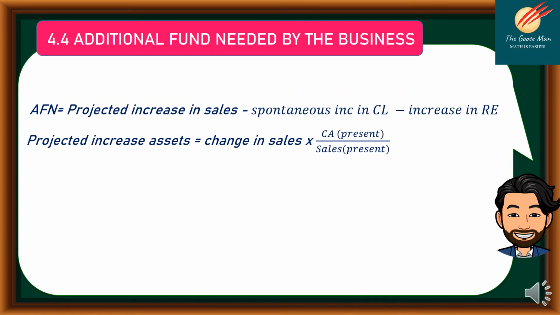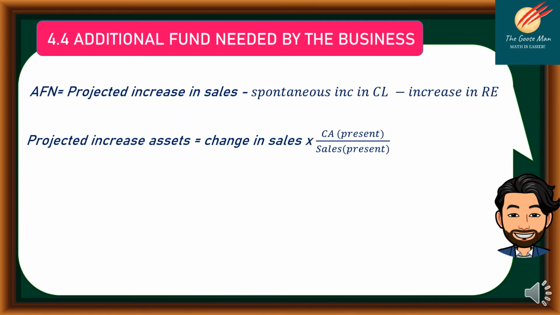Other terms that we will use here are AFN, or additional funds needed, which is the projected increase in assets minus spontaneous increase in current liabilities minus increase in retained earnings. The projected increase in assets is equal to change in sales times the CA, the current assets, divided by the sales at present.